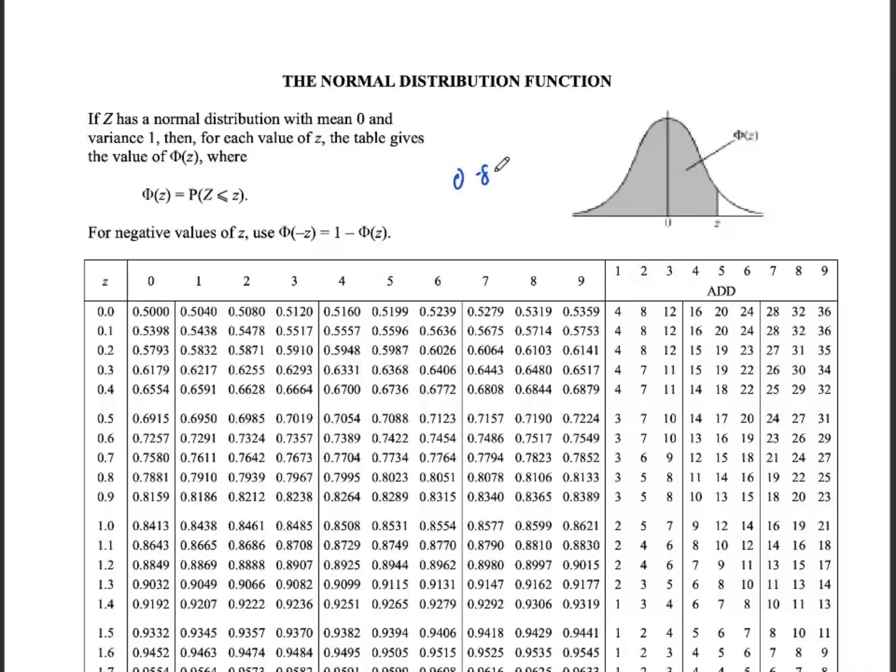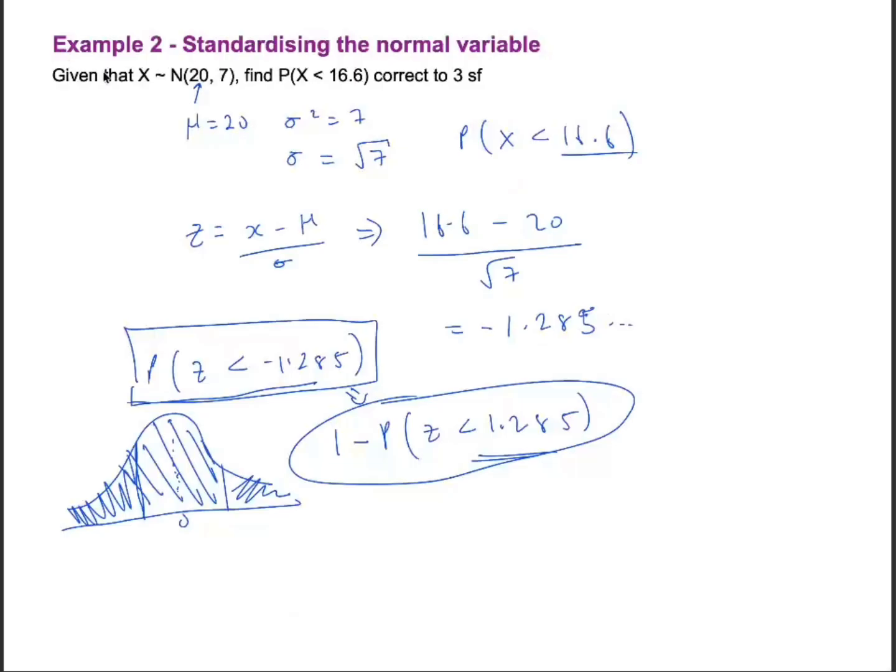So 0.8997 plus 9 in the last digit, which will give us 0.9006. Therefore, this probability right here is 0.9006. We're going to do 1 minus that, which will end up giving us 0.0994. And that's going to be our probability that our random variable x is less than 16.6 in this normal distribution.